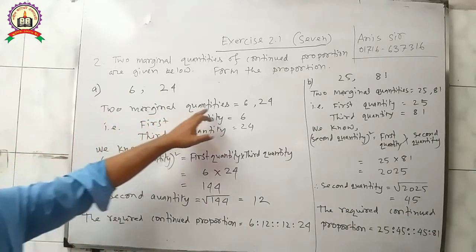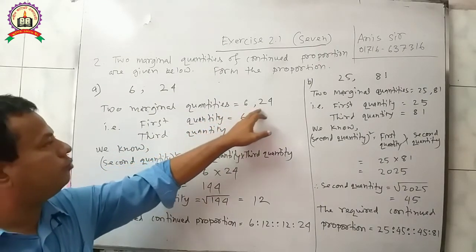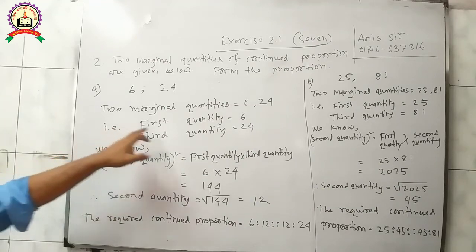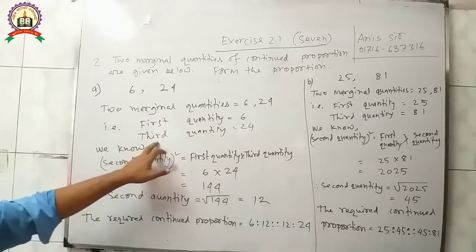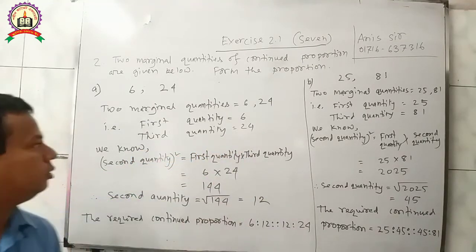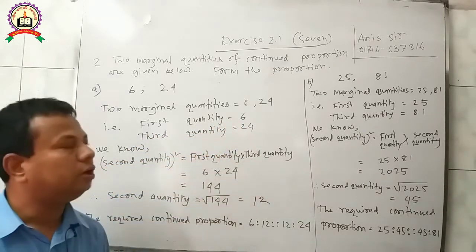Here the two marginal quantities are 6 and 24, that is, first quantity 6 and third quantity 24.